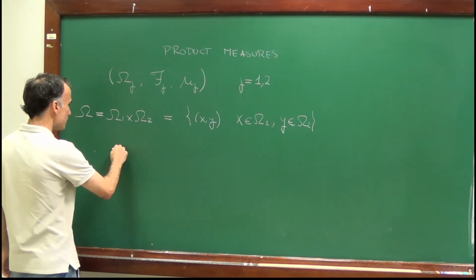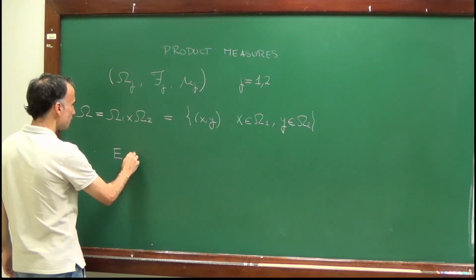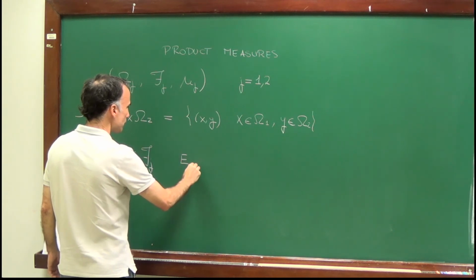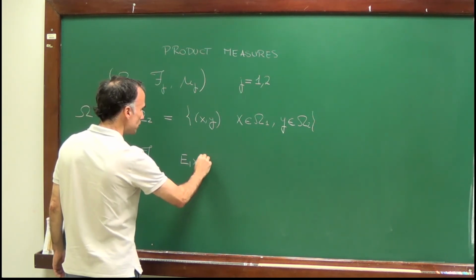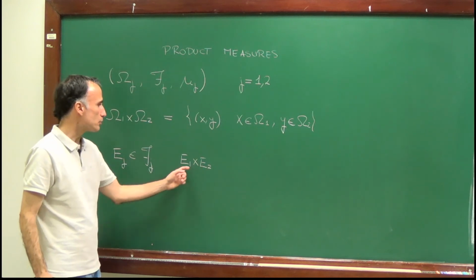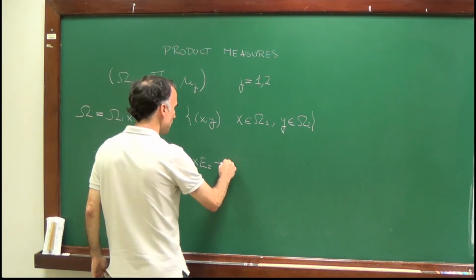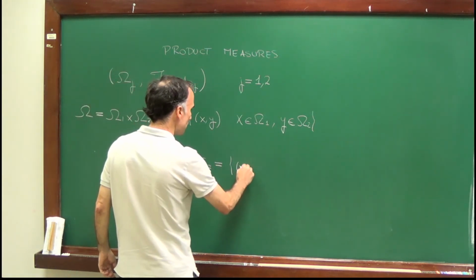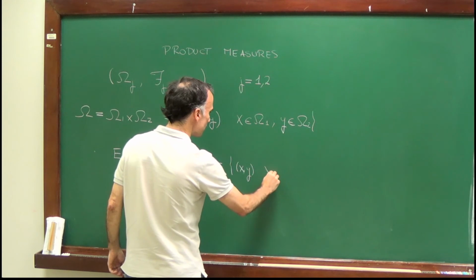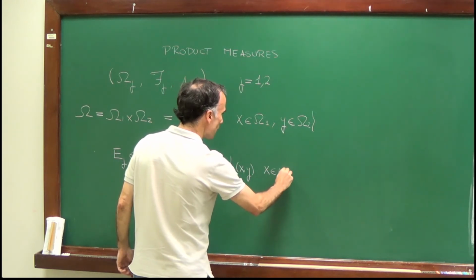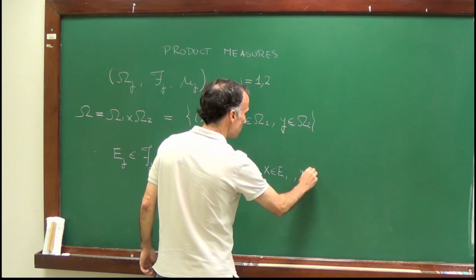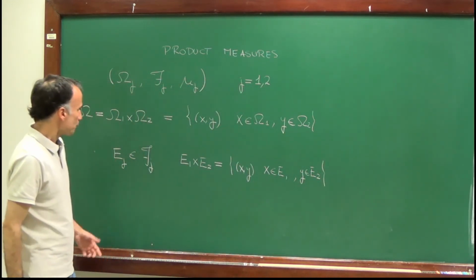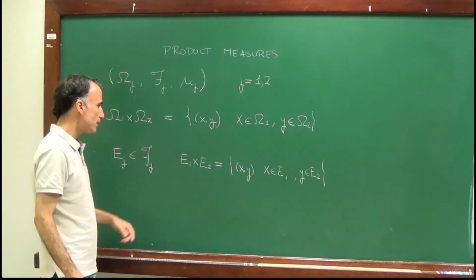So let's consider a set Ej in the sigma algebra Fj. Let's represent by E1 times E2 the product of E1 with E2, which are exactly as I defined Omega 1, Omega 2, the set of all the pairs (x, y) such that x belongs to E1 and y belongs to E2. So this is a family of sets.